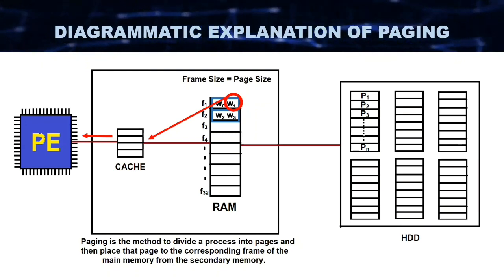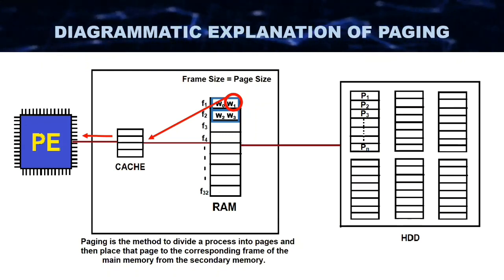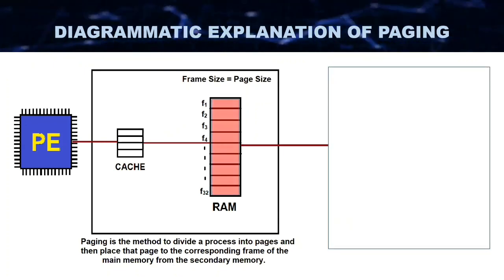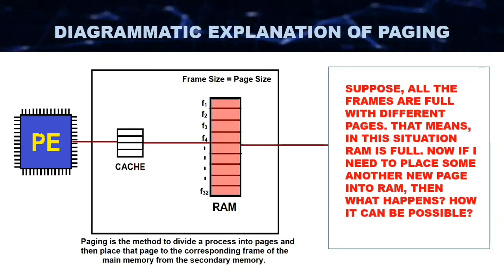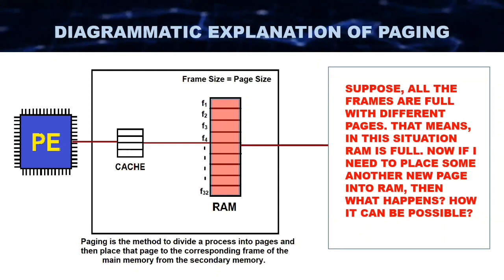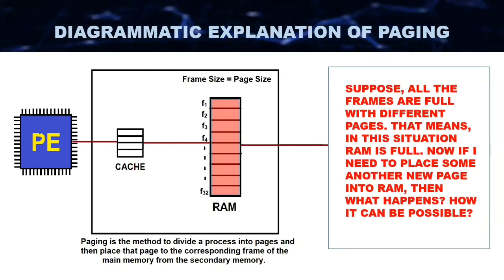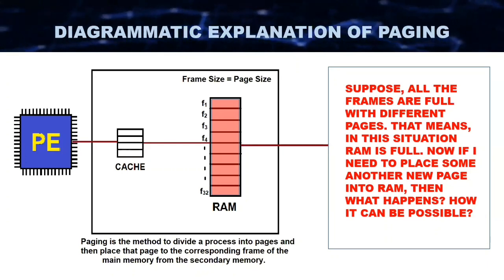Okay, so now there is a big fact. If all the frames of RAM are full with different pages, that means we can say that in this situation RAM is full.